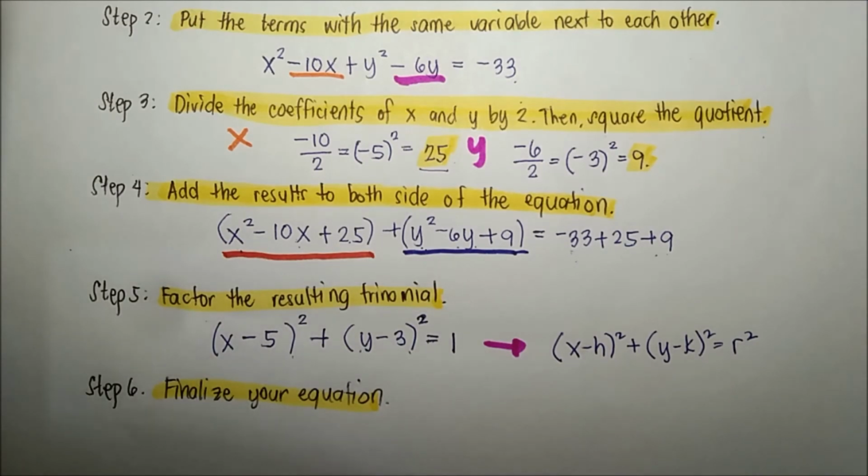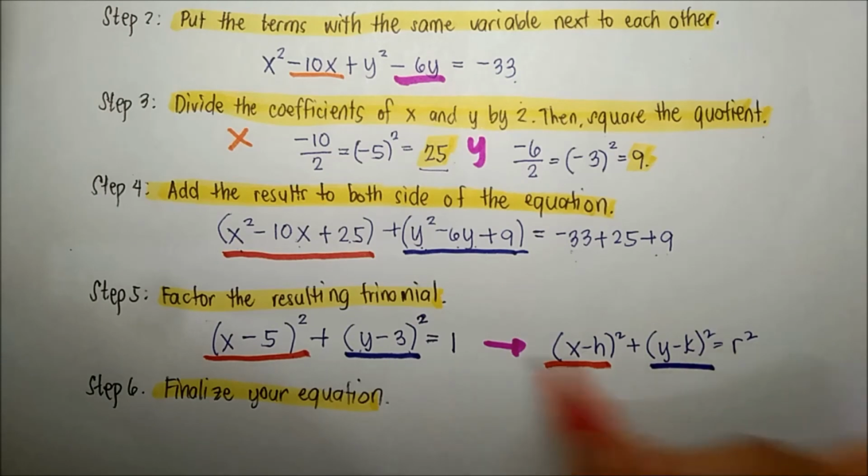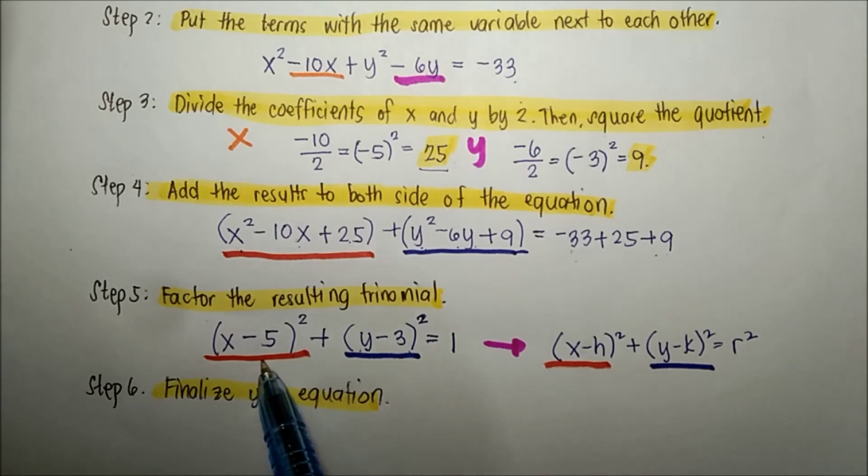This is nice. This one is just the same with this one, and this one is also the same with this one. The same also with our r squared. So we can say that we are already done with our equation.